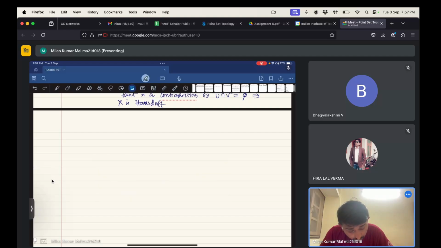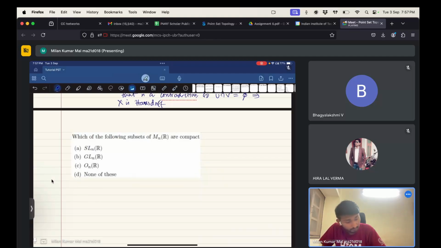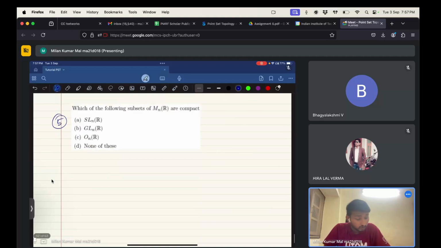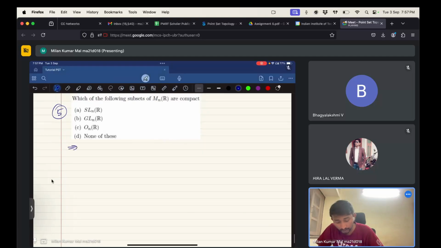This is problem 5, right? Which of the following subsets of Mn are compact? Here I will show that option C is correct, A and B will not be correct, and automatically D will be false. Now, option A is SLnR.